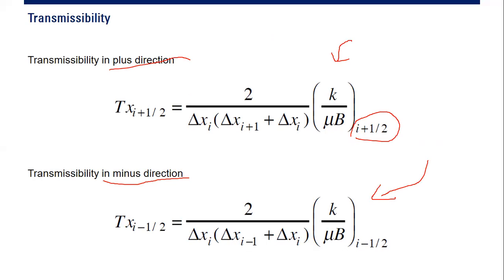So inside the transmissibility, we have K, permeability, and mu, viscosity. So it's a very, very important term for fluid flow, to describe the performance of fluid flow. We will use transmissibility a lot in our reservoir simulation.